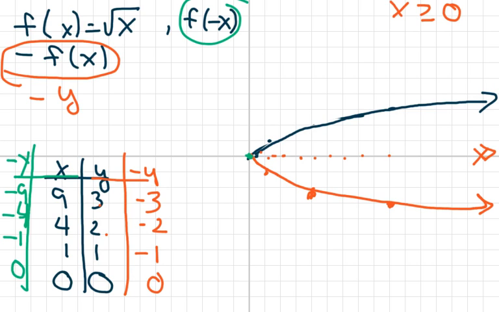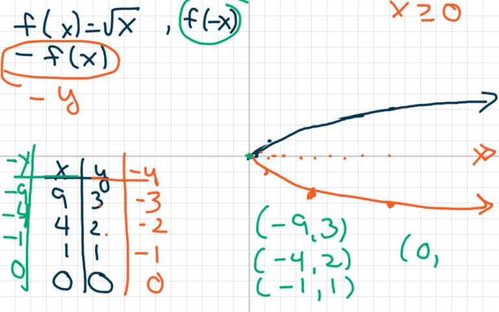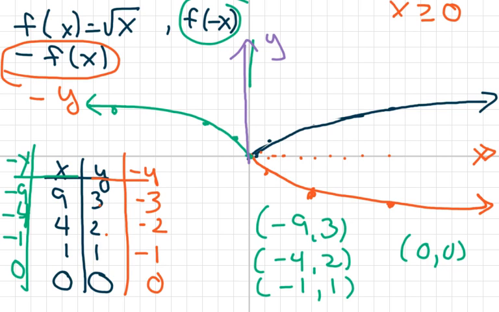We're plotting negative 9 with 3, negative 4 with 2, negative 1 with 1, and 0, 0. So negative 1 goes to 1, negative 4 goes to 2, and negative 9, way down here, 1 through 9, goes to 3. So I think that's about right. So you can see where this reflects over the y-axis. If you fold it on the y-axis, this would reflect over.